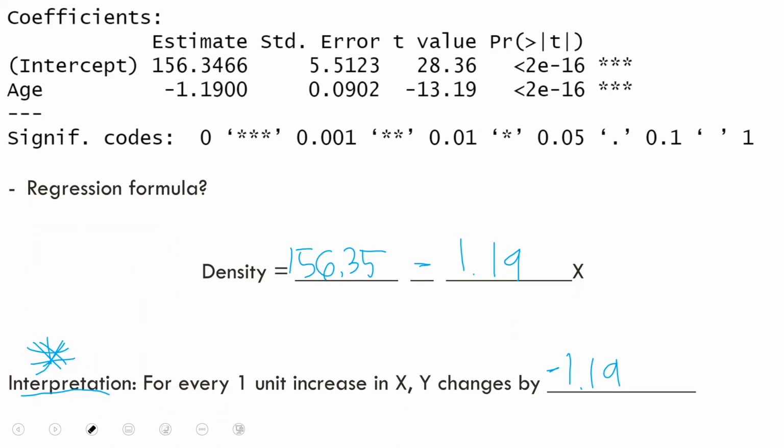So as age increases by 1 year, we'll say, muscle density decreases by 1.19, or changes by negative 1.19, decreases by 1.19, increases by negative 1.19, all saying the same thing. Some of them are easier to understand, so just keep that in mind, because you're telling a story here with regression. So that's typically how the interpretation works.